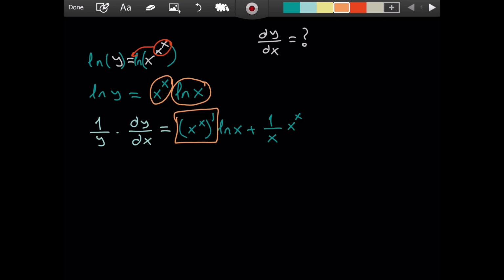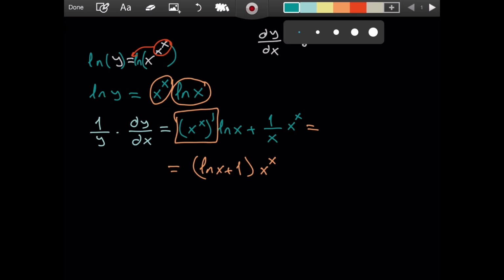Since I already did this on this channel, I don't want to take unnecessary time, so I'm just going to write that result from that video, which you can access, as I said. So the derivative of x raised to the power of x will be ln x plus 1 times x raised to the power of x. And then we will have the rest of it. So we will have ln x plus 1 over x, x raised to the power of x.